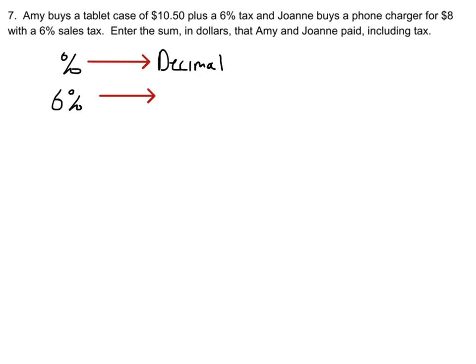All right, number 7. Amy buys a tablet for $10.50 plus 6% tax. Joanne buys a tablet case, that's a keyword, for $8 plus 6%. Enter the sum. Alright, so we need to know how to go from percent to decimal. 6% equals 0.06.